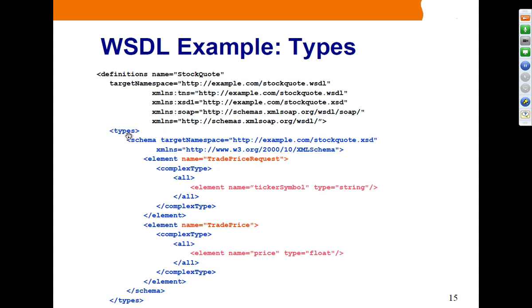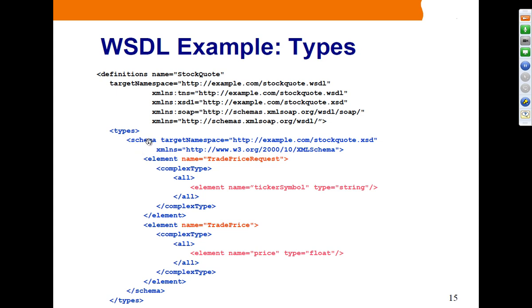Inside the types element, it is a genuine XML schema. In this case it doesn't really have to be a complex type because we are just sending one single element. It could even be a simple type. But as far as the syntax is concerned, it is a valid XML schema.